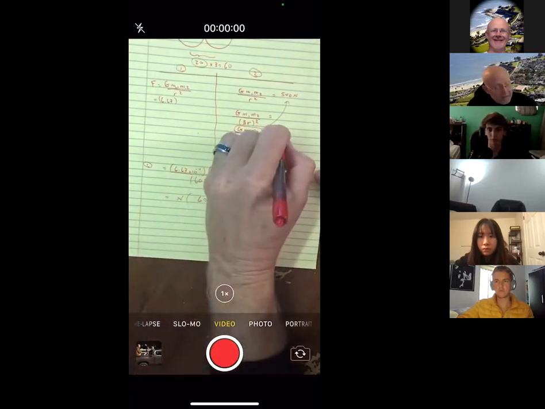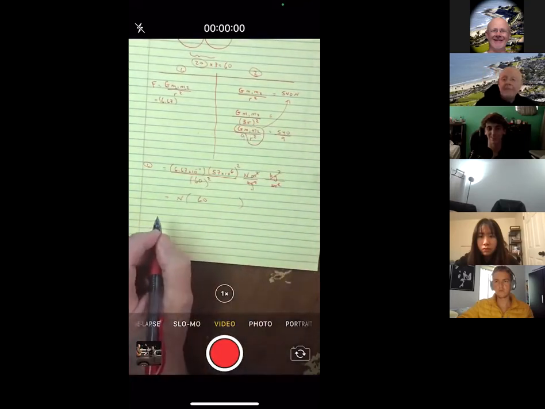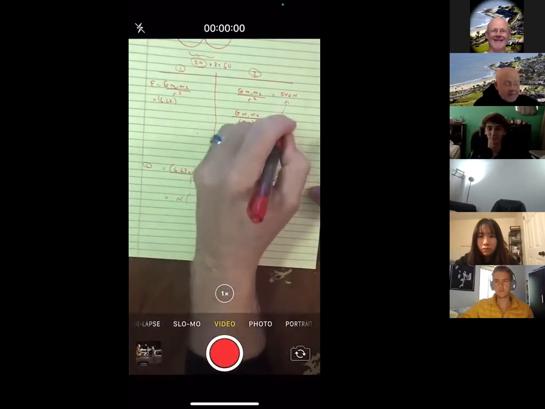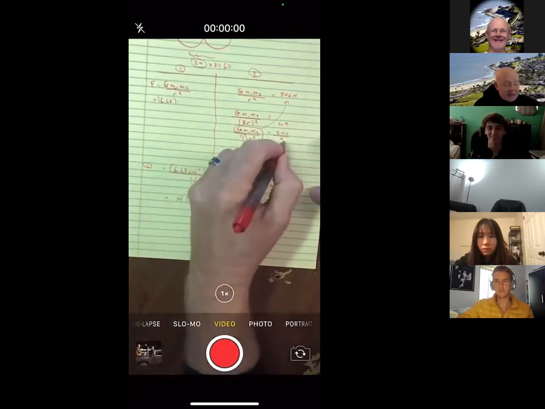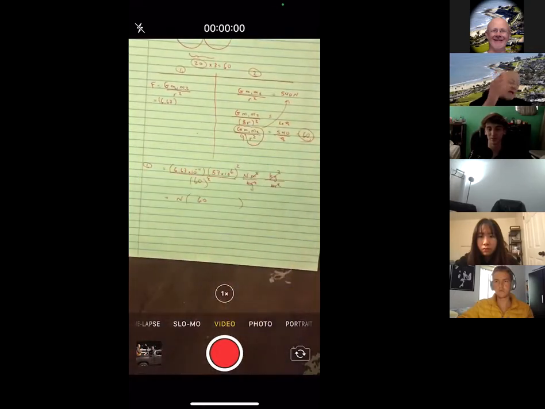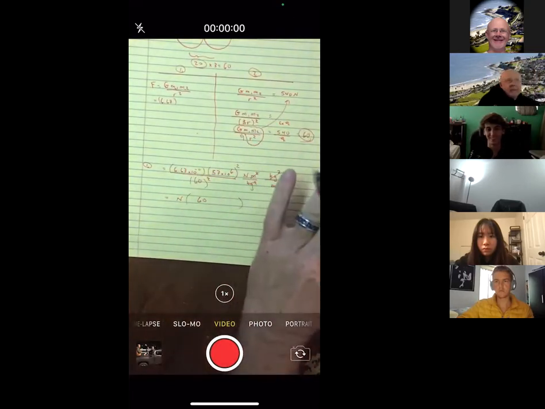So this is really 540 divided by 9. And of course, 54 is 6 times 9. So the 9s would cancel, and you would have 6 times 10, and you would be just left with 60. Yay! Wow.